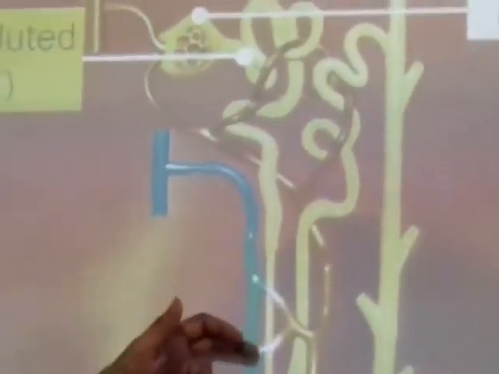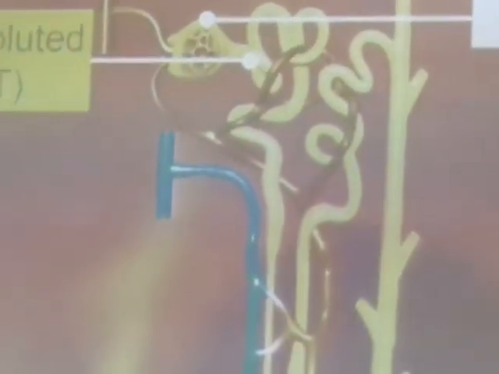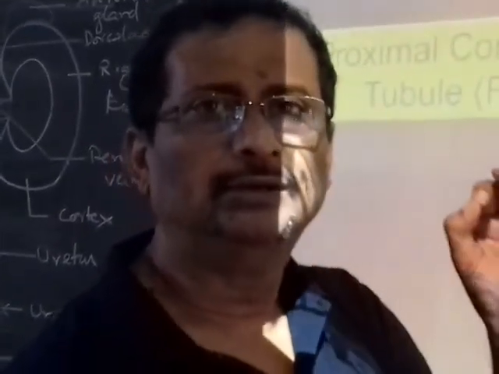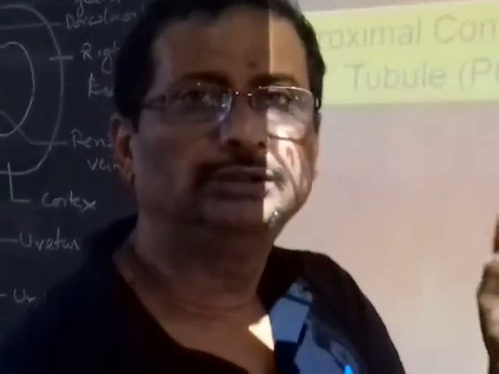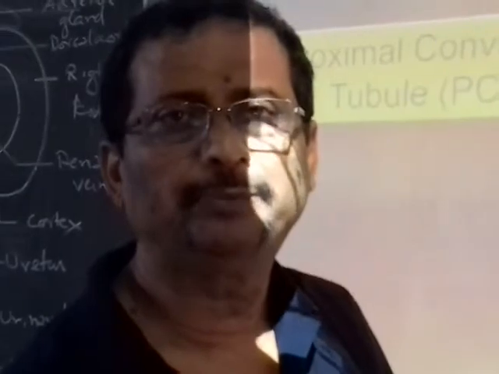Then we have this part. This is the place where the water reabsorption takes place. And the balance of water and the ions is called osmoregulation. Osmoregulation is a function which is helped by a hormone which we call vasopressin, or the antidiuretic hormone, secreted from the posterior pituitary. But that is not the only hormone.